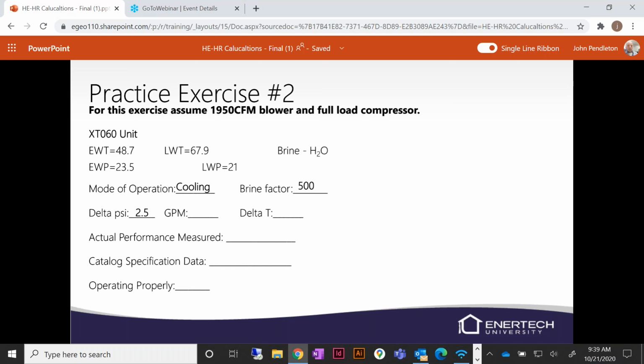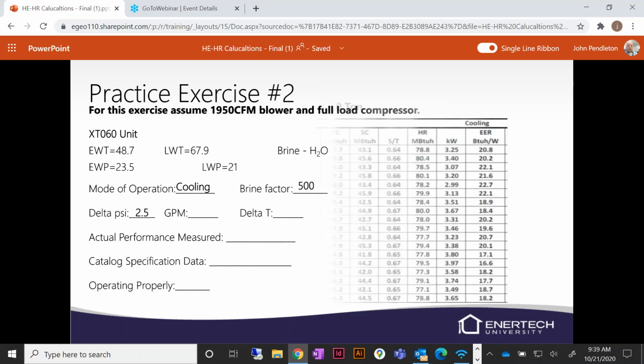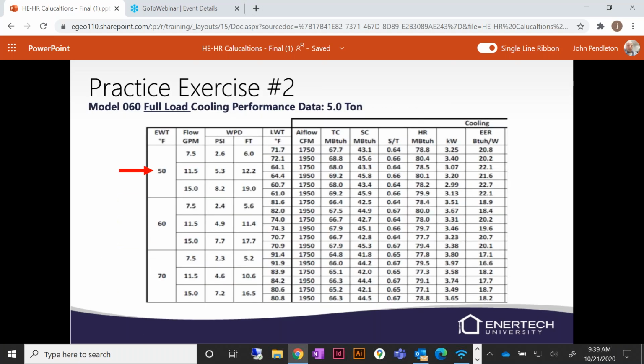So we can look in the manual at 50 degree entering water temperature, 2.5 pound pressure drop. That should be on pressure drop, not feet of head. Sometimes when I switch these over to the widescreen, they'll miss their mark. So I'm going to make a note so I can change that. So 2.5 pound pressure drop is equal to 7.5 GPM.